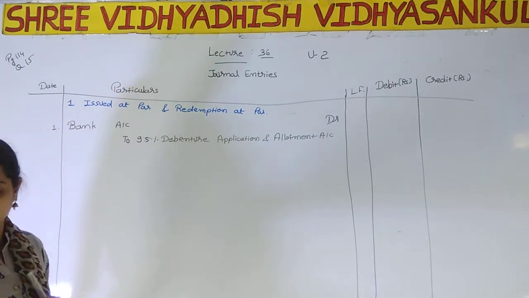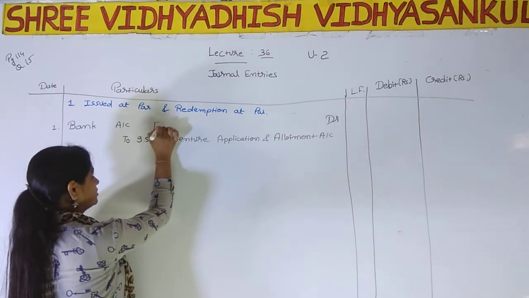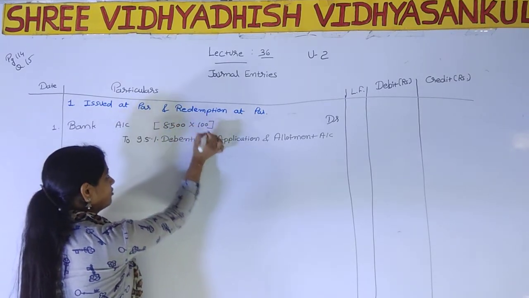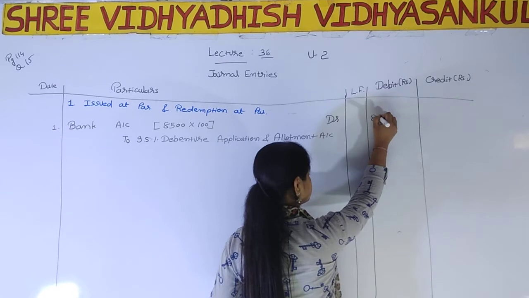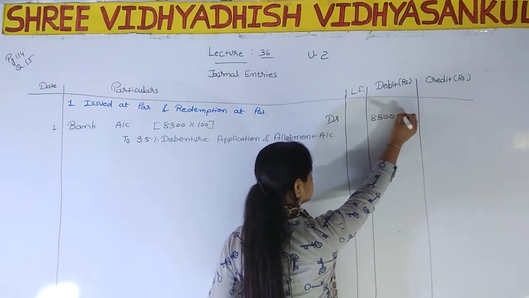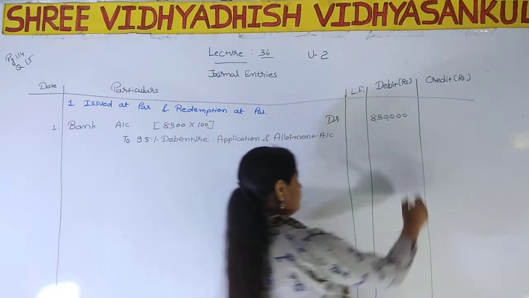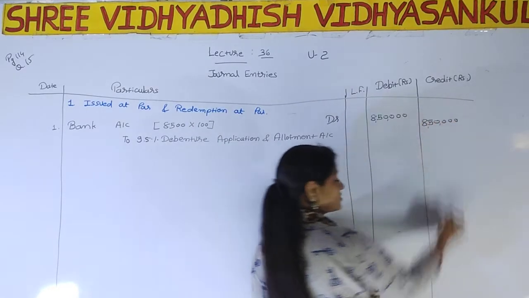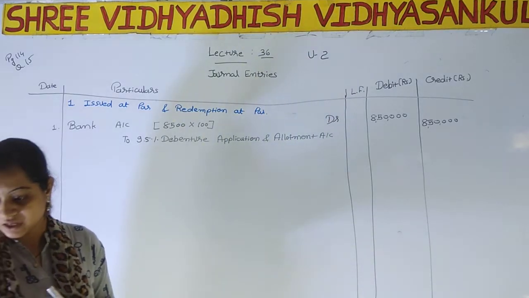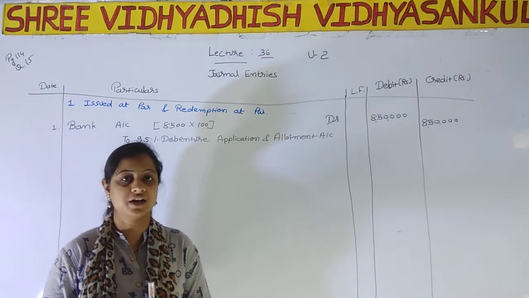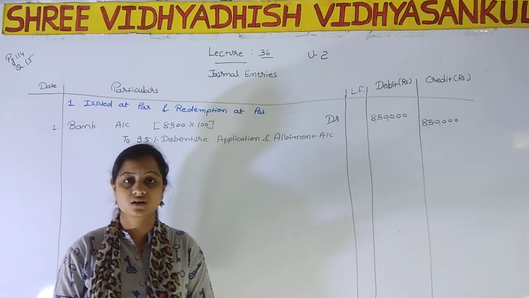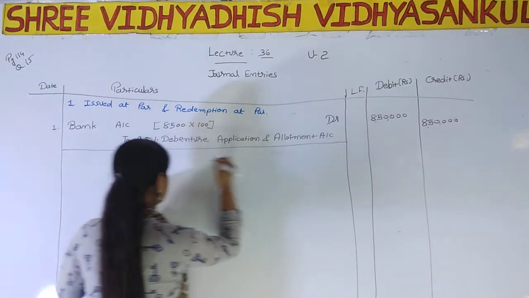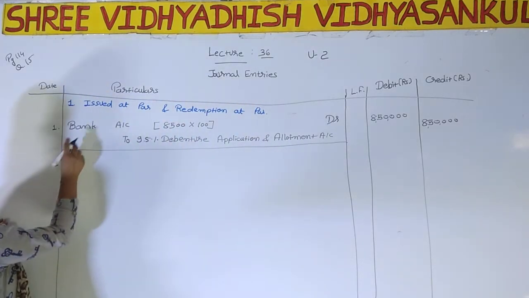So the number of debentures is 8,500 and we have issued these debentures at rupees 100. So the amount is 8,50,000 on both sides. Now we have to write the transfer entry, right? See, they have given the instruction without narration. That's why we'll not write the narration. Underline. Leave one line, then the second one for this.